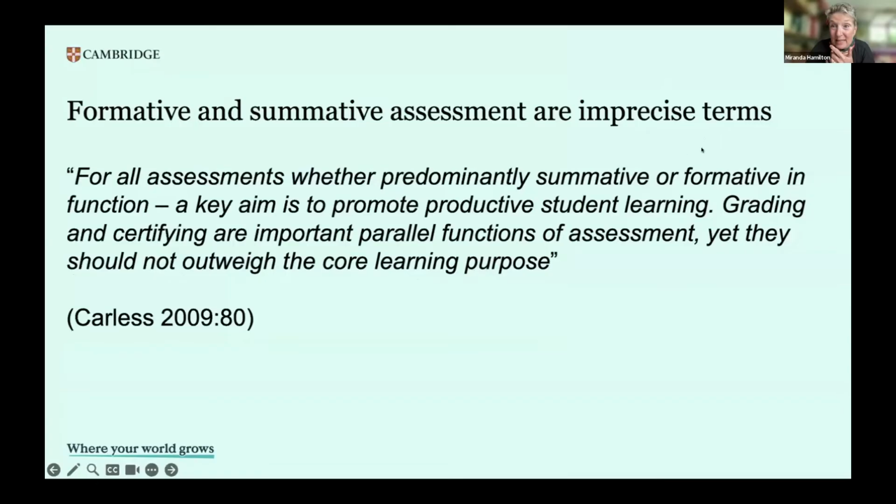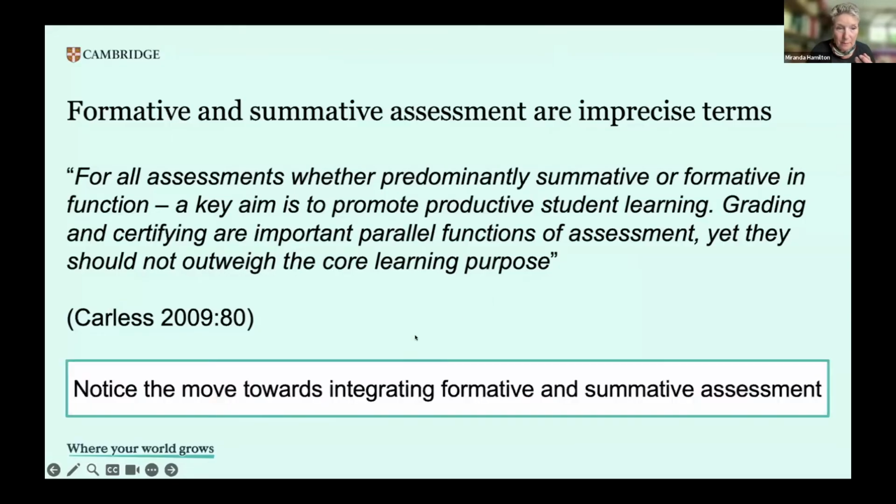He says that for all assessments, whether summative or formative in function, the main aim is to promote productive student learning, and that grading and certifying are important parallel functions. They sit alongside each other, but they shouldn't outweigh the core learning purpose.